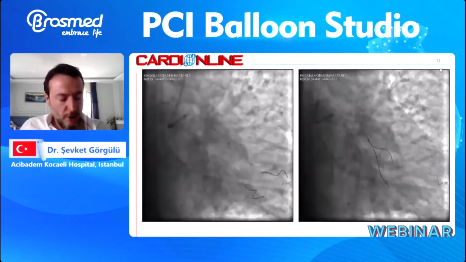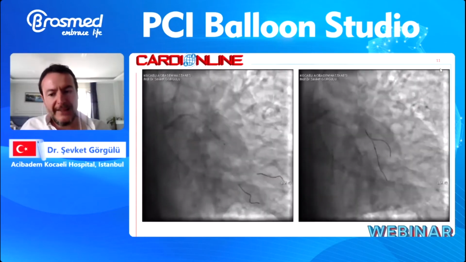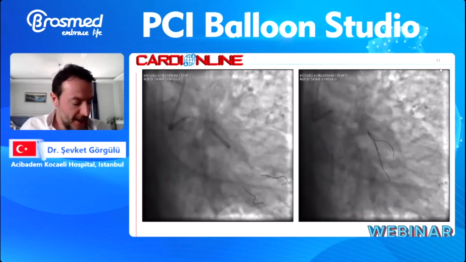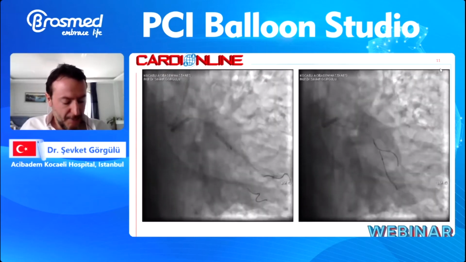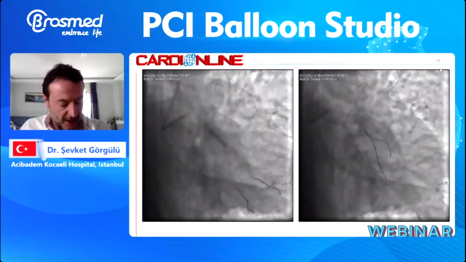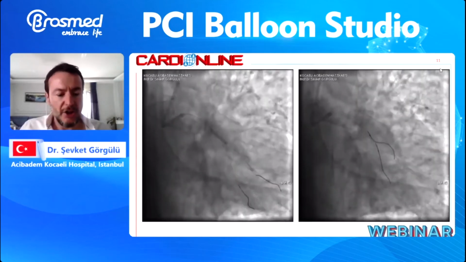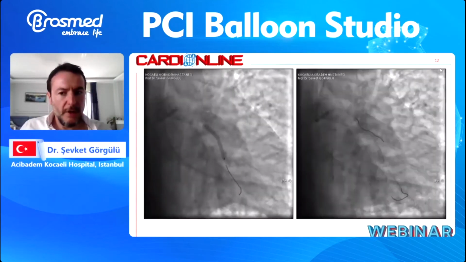We did a pot with 3 by 18 millimeter Apollo and then rewired the OM again, and the CX, and the same balloon that we used previously could cross the stented area towards the CX, as you can see on the right panel here.